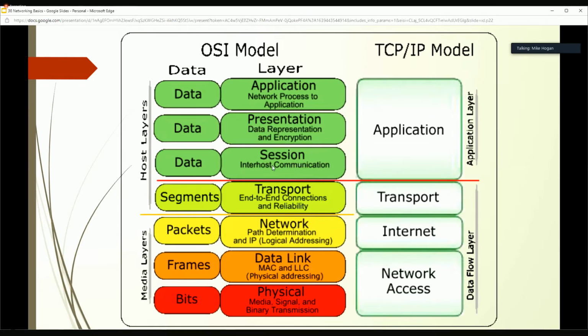So we take this, encapsulate it, putting in the different addressing pieces and other items that need to be included in the packet, until it gets to the bits and goes across the medium. Once those bits arrive at the address, that addressing begins to be stripped away, and it keeps getting passed up until we're left with nothing but the data we had to start off with.